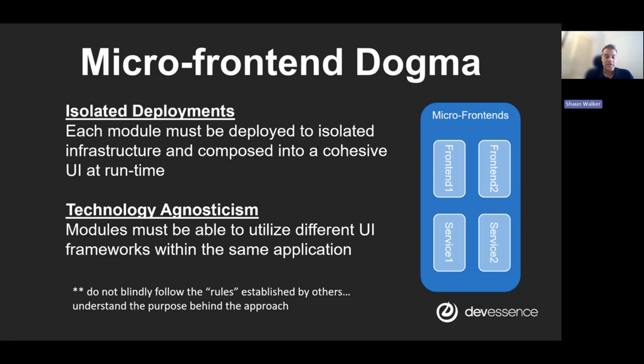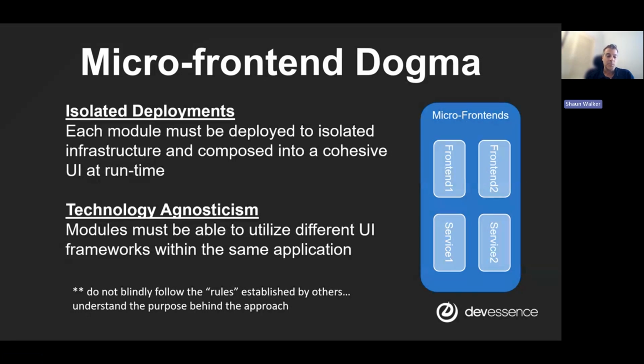If you architect things in the right way, of course you can deploy it in that way, but you could also deploy it in other ways. You could combine some of the deployments together if you wanted to save on infrastructure and reduce the complexity. So that's why I call this dogma. There are pros and cons, and so you shouldn't blindly follow the rules.